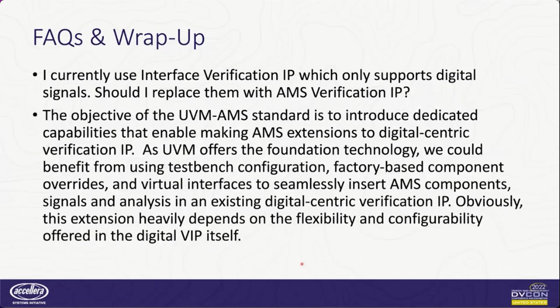The next question: if I use an interface verification IP, so this is an IP that drives a specific protocol, it only supports digital signals. Should I replace them with AMS verification IP? The answer to that one is that the UVM AMS standard makes that possible, where you can take existing digital VIP and either update it or add analog signals.